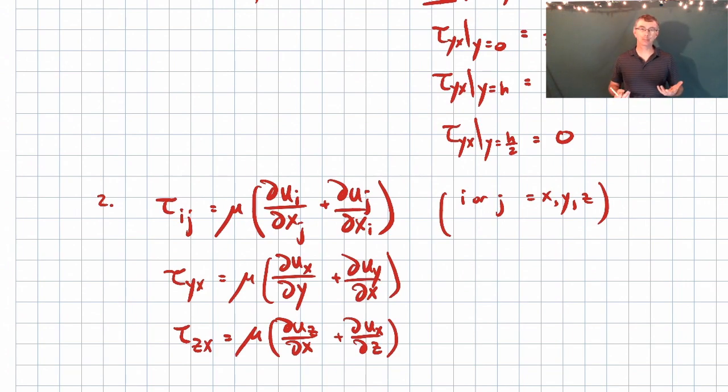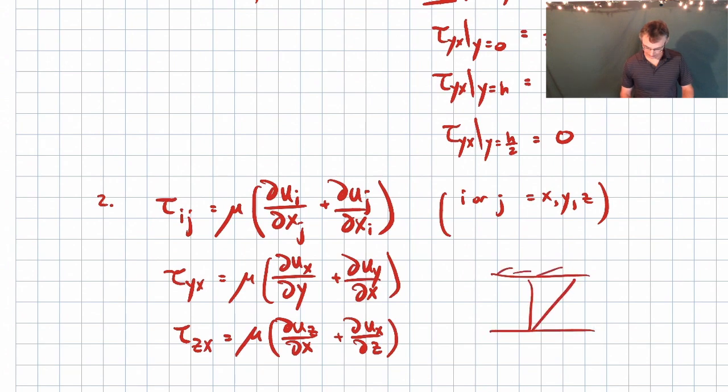The reason I didn't bring it up is because, at least for the very beginning of this course, actually for pretty much the entire course, the flows that we'll deal with will only have one relevant velocity gradient. So the equation will just simplify down to one velocity gradient. When I had our Couette flow that looked like this, where this is the y direction and that's the x direction, the uy here is 0.